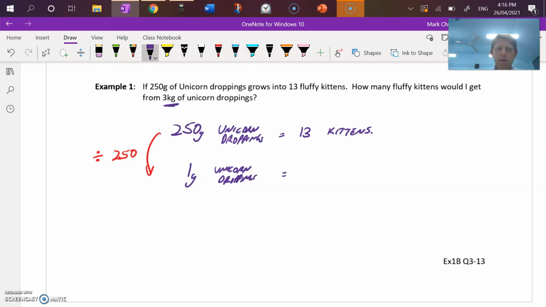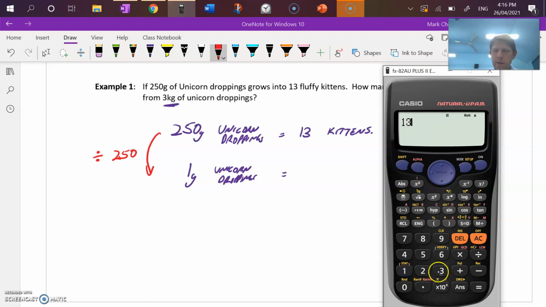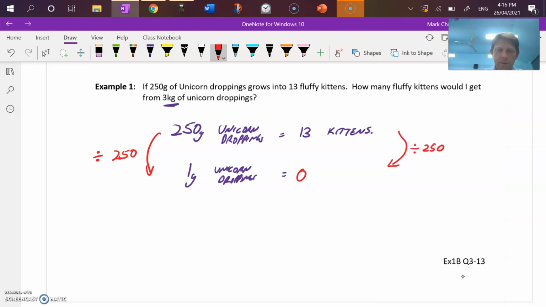Now this is going to be a strange number, and it doesn't honestly matter that it's going to be a decimal, but we have to divide this by 250 as well. Pulling out my calculator, 13 divided by 250 gets me 0.052. So 1 gram of unicorn droppings will give me 0.052 of a kitten.